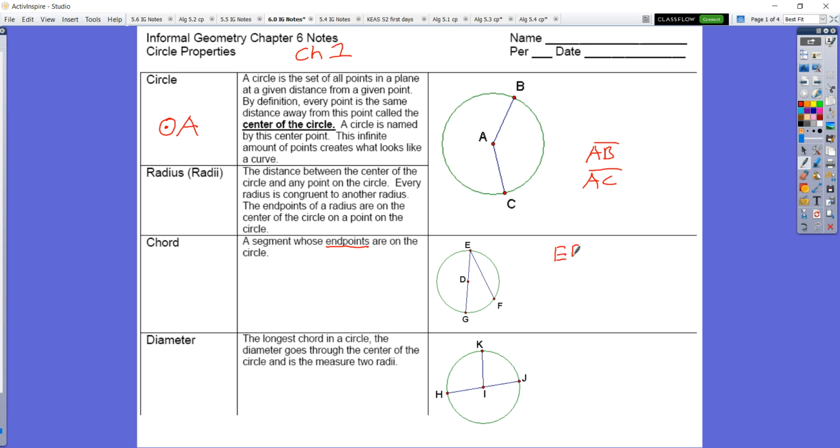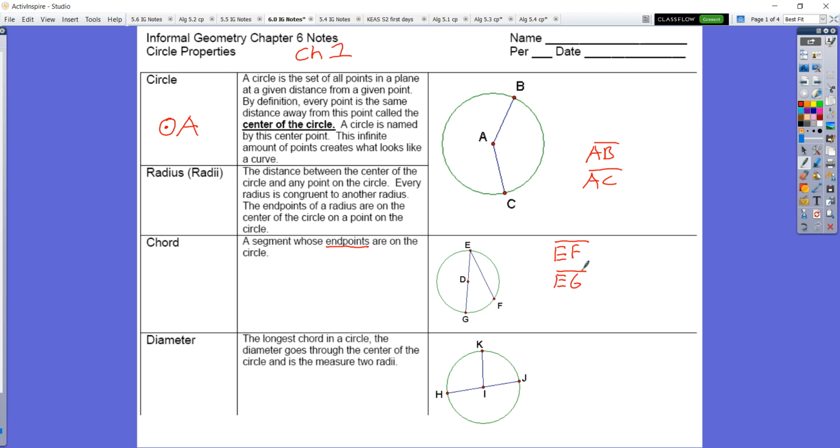And then we have another chord here, and that is EG. This also happens to be the diameter of the circle because our chord passes through the center of the circle. So our second one we have is EG.